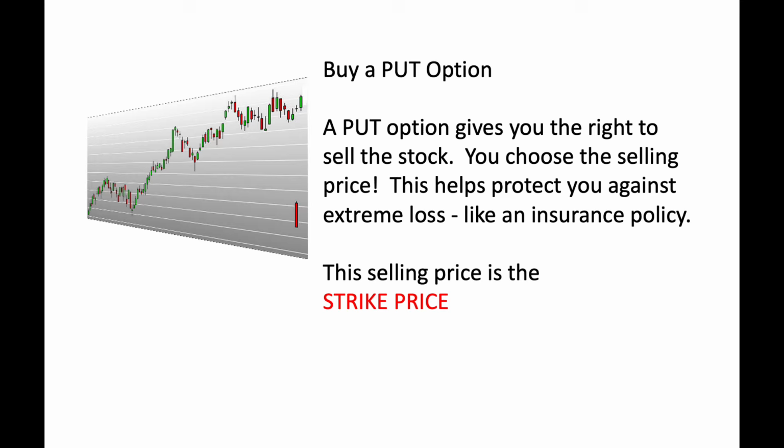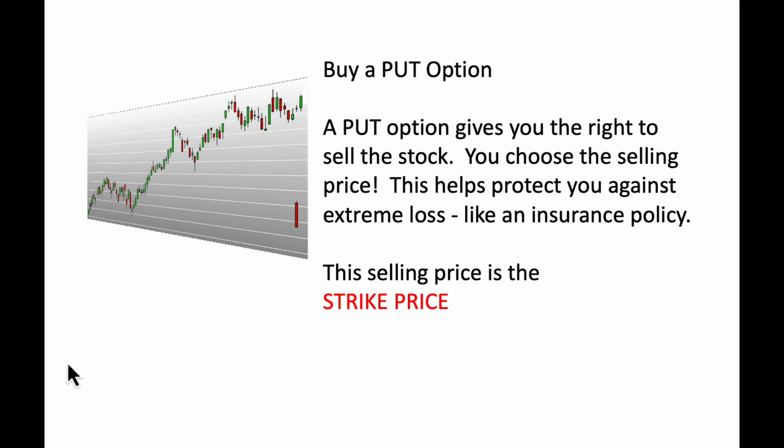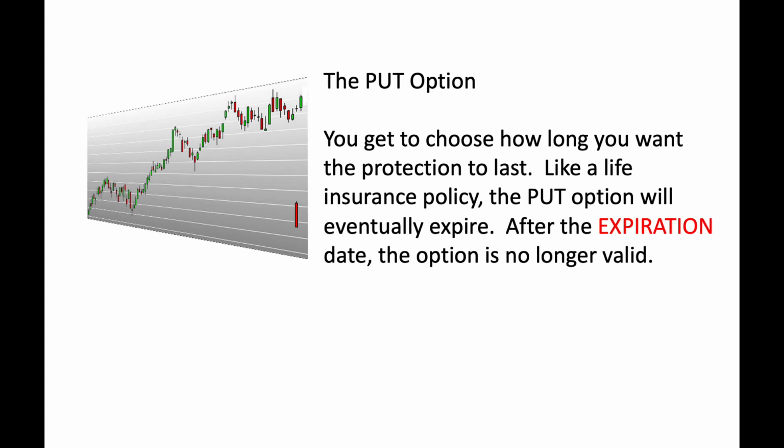Now, before you get all excited about that, you have to understand that these put options do cost money, very similar to an insurance policy. Obviously, if you want to insure your car or maybe take out life insurance, you have to purchase a policy from your insurance company, and then you give them money and they insure you, or they give you the coverage. And that's pretty much what a put does.